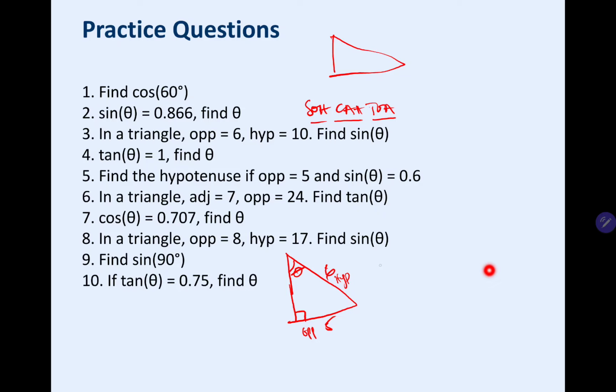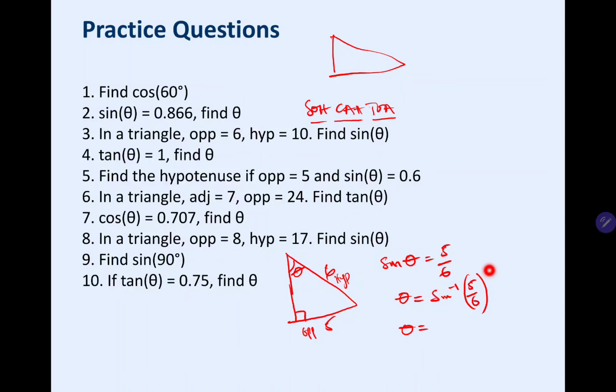So we can then say sine theta is equal to opposite over hypotenuse, which is 5/6. So theta will now be the arcsine of 5/6. So once again, you have to use your calculator to know what this is.